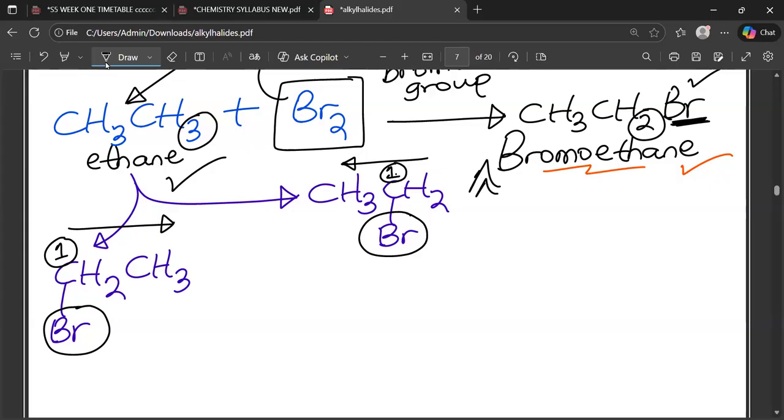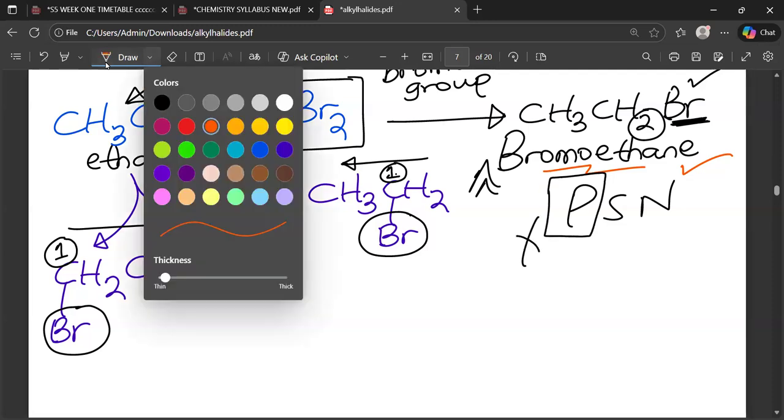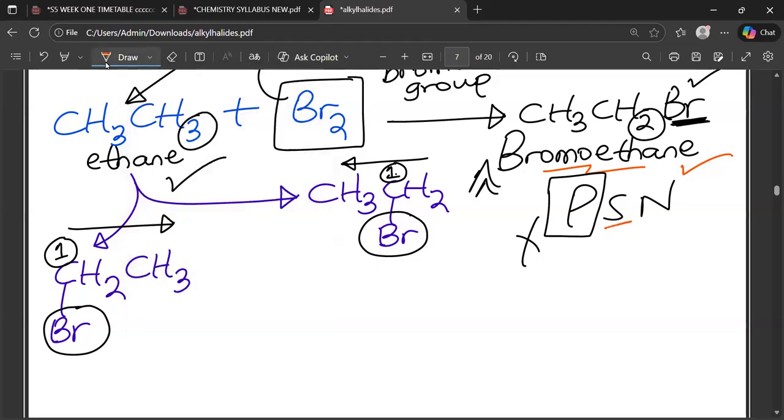The position is not necessary, because even when we change it, we have done nothing. We are just spoiling things. Nothing has happened. So in PSN, please ignore the P, the position, for reasons I've said. The side chain, our side group is the Br, bromo. And this is the name of the parent alkane, which is ethane in this case.